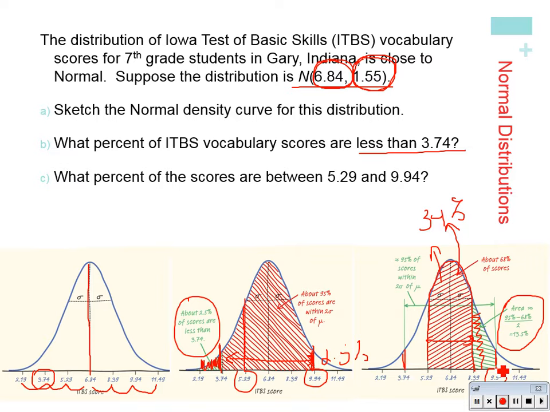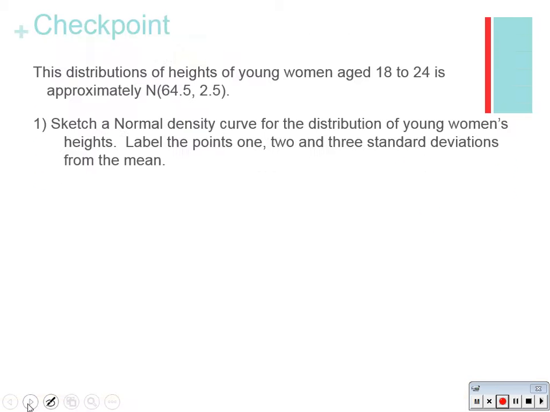So if you take the 95% and subtract this 68% that's in the middle, that's going to give you the area for these two sections, this section and this section. And if you take that and divide it by 2, that's where the 13.5% comes from. There's a couple different ways you can do that, but I think that's probably one of the easier ways to look at this.